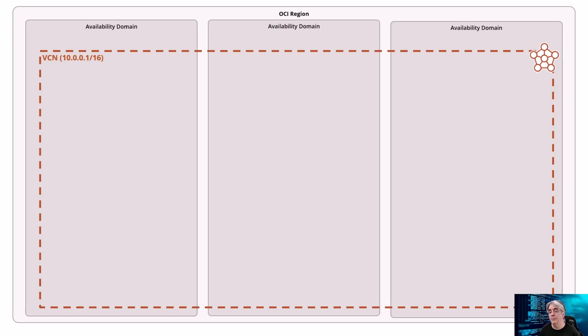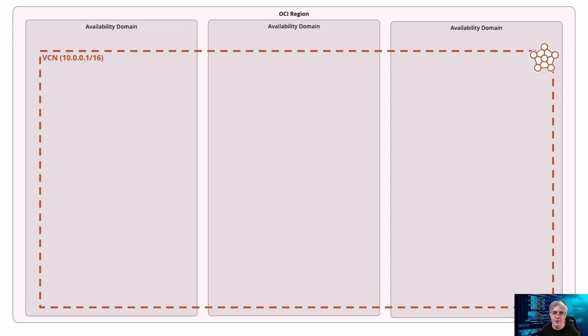Right, so virtual cloud networks are created at the regional level, and every virtual cloud network, or VCN, has one or more CIDR blocks. Keep in mind that if you ever want to connect this VCN to another VCN or your on-premises network, it can't have overlapping CIDR blocks with any other networks.